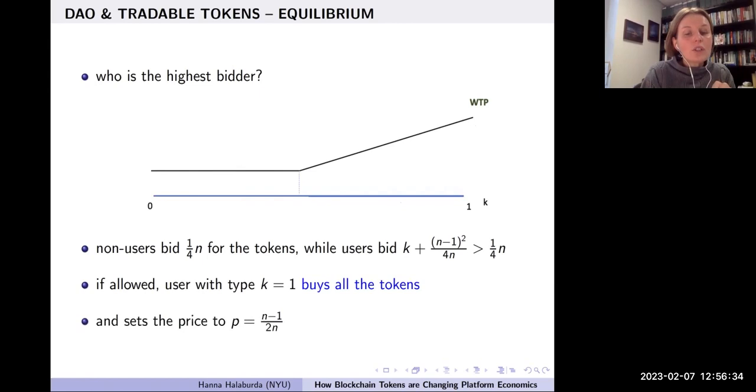And having all the tokens, he will set the price equal to this formula, which is just slightly lower than the monopoly price. So even though this is exactly the user that has the highest incentive to set the price to 0 if he has one token, he has the incentive to set almost the monopoly price when he has all the tokens and capture the value.